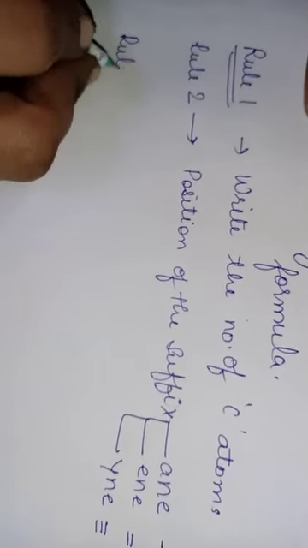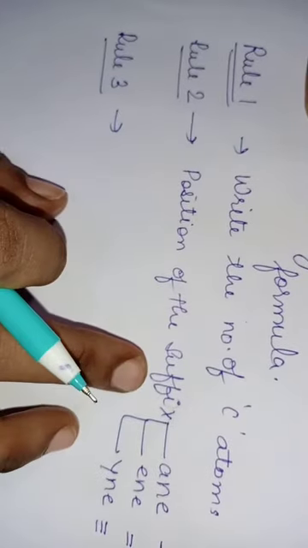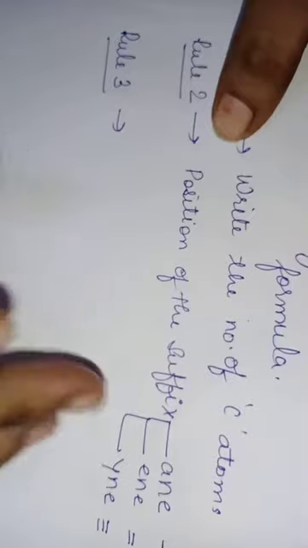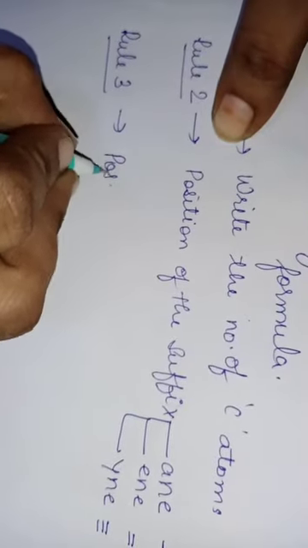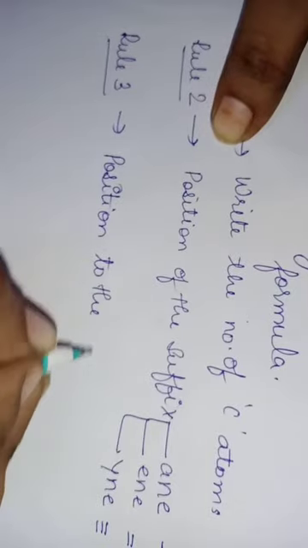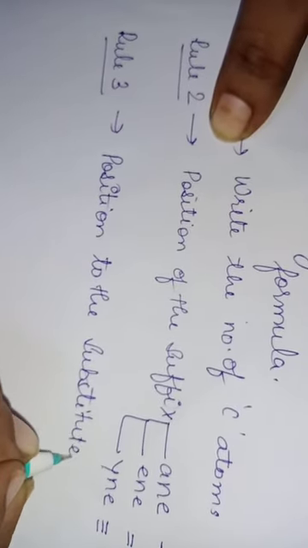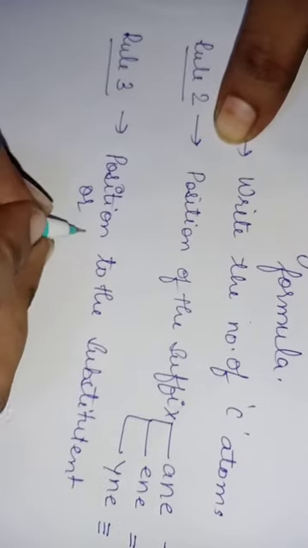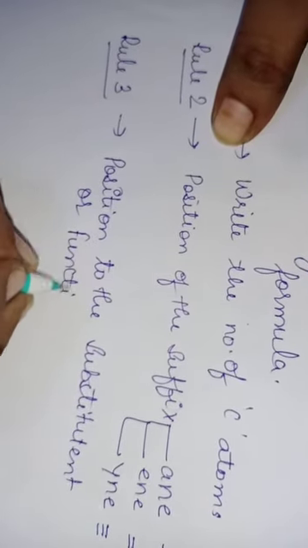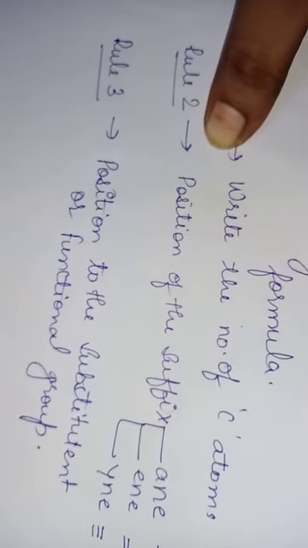Then rule 3 says that after giving the position to the suffix, now we are going to give the position to the substituent or functional group, if any is attached in the name.